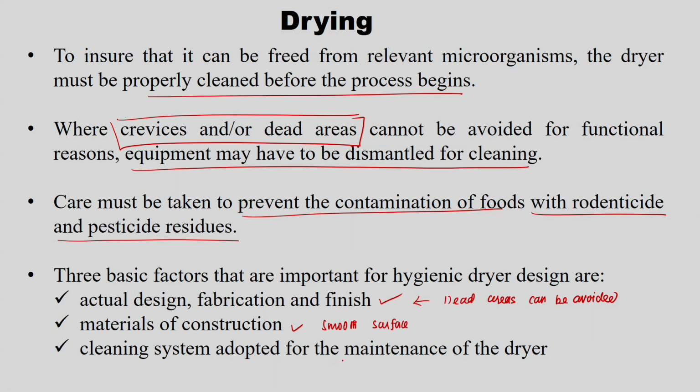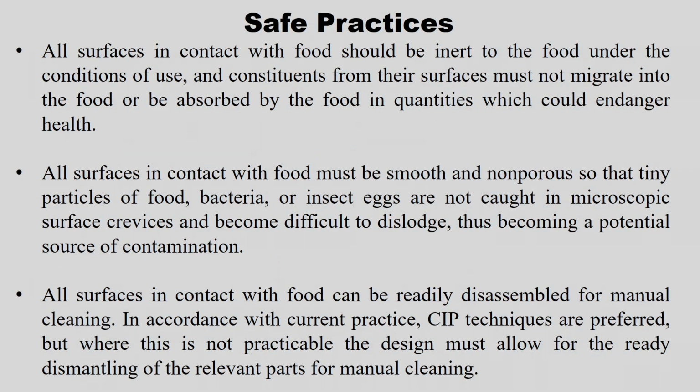And a cleaning system adapted for the maintenance of the dryer. Normally CIP is applied, so if needed there has to be manual cleaning, and the design of the dryer should give room for manual cleaning, because it should be disassembled or dismantled for cleaning, and it should be easy to dismantle for manual cleaning. So this is another basic factor.